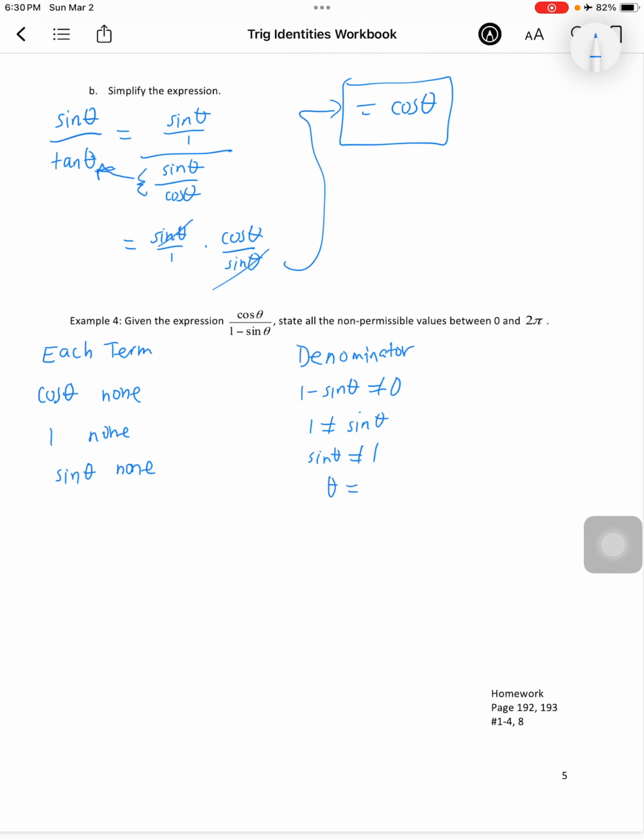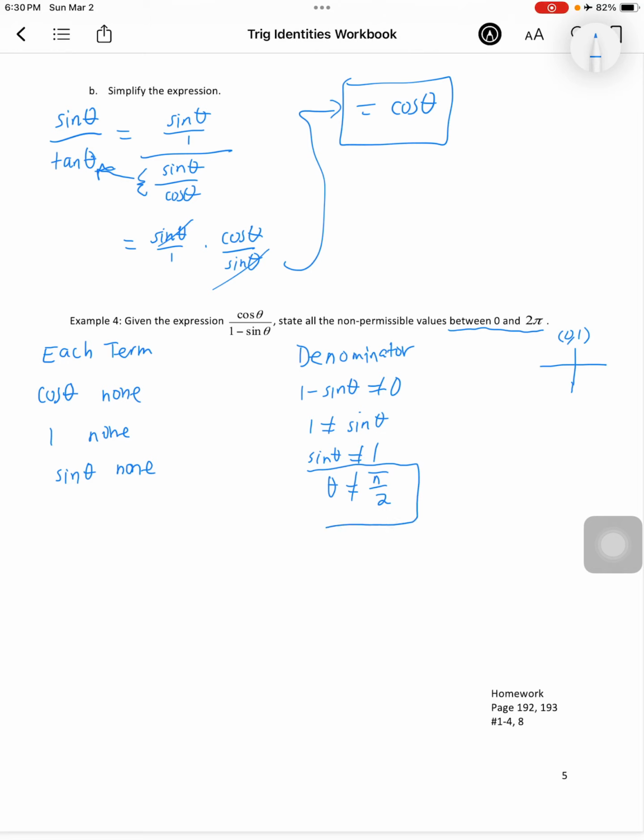That means theta cannot be equal to what number? So here we're given a domain 0 to 2 pi. Looking at our coordinates, where does sine theta equal 1? That's going to be up here, because again, sine is related to the y values of coordinates. So theta cannot equal pi over 2.